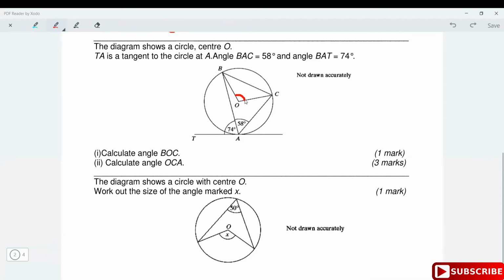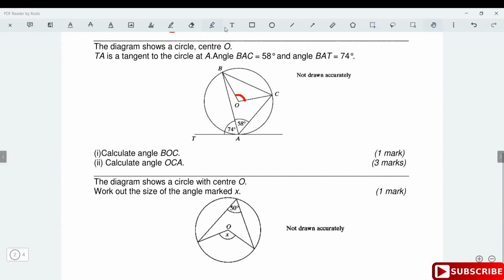Now, do they have the common chord? BAC, BOC, yes, and the common chord is BC. So the angle at the center is twice the size. We're good already.